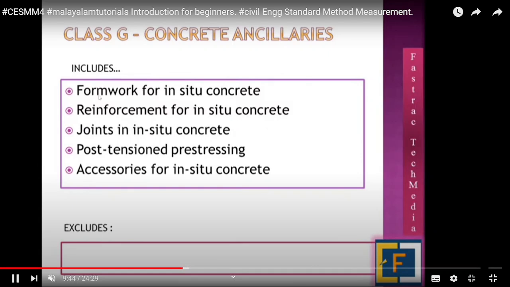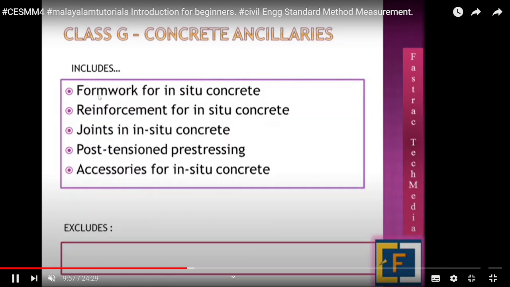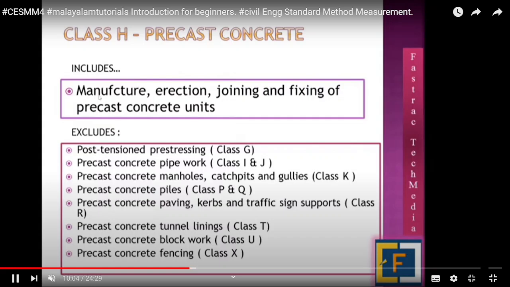And when we go to class F, sorry, class H, this is about precast concrete. It includes manufacture, erection, joining, and fixing of precast concrete units.